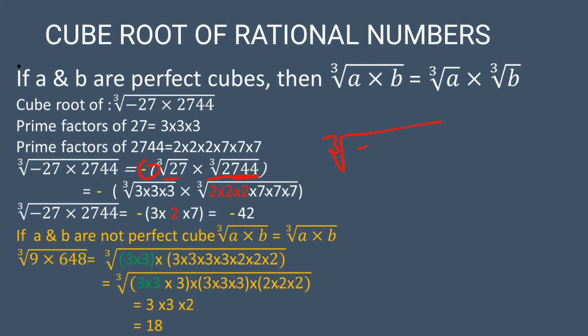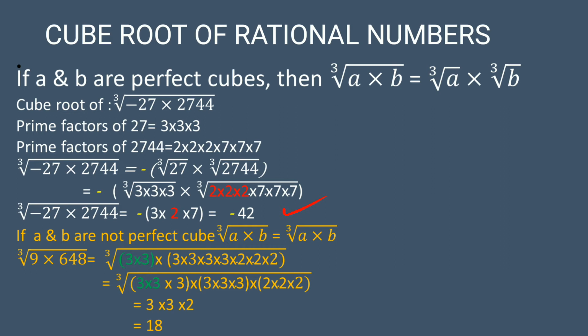Now write the factors of 27 and the factors of 2744. To find the cube root, make triplets and take one factor from each group, then multiply all these factors to get the answer.